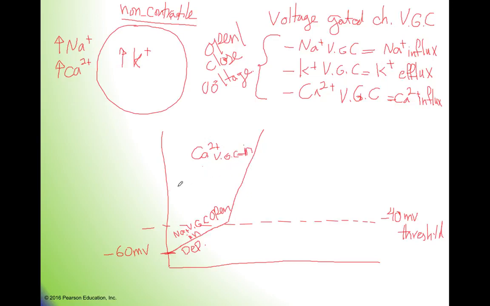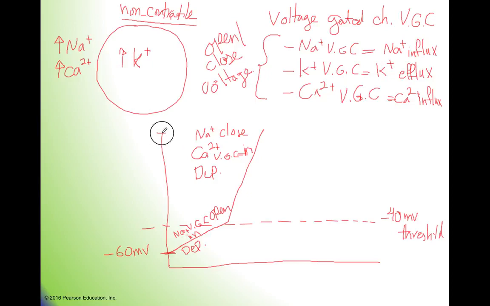Exactly. Now, calcium coming inside the cell means you're gaining a lot of positive charge into the cell, and that causes what? That causes the cell to depolarize. Now, while this is happening, your sodium channels are going to close.